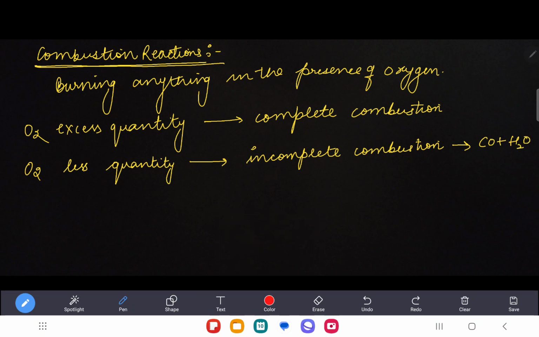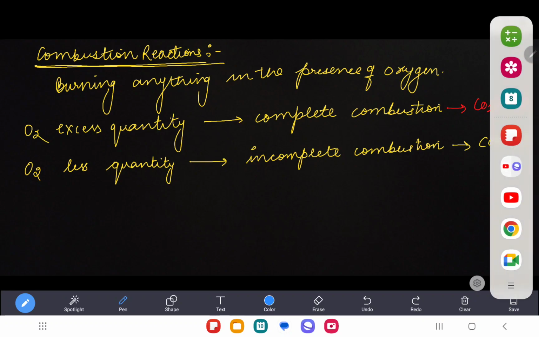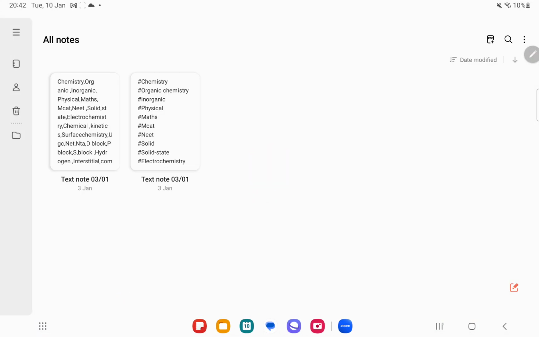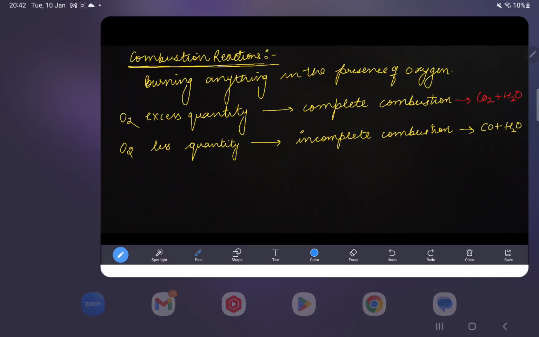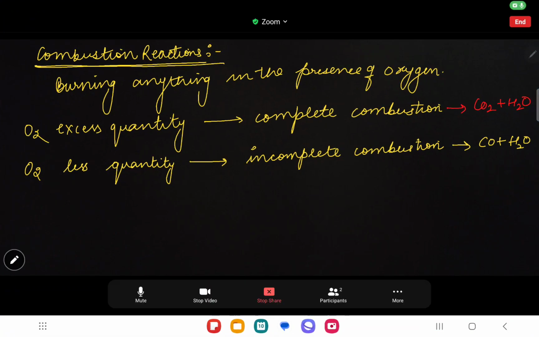And in complete combustion, the products are carbon dioxide and water. You understand? So you need to know the products of complete combustion and incomplete combustion. Understood?